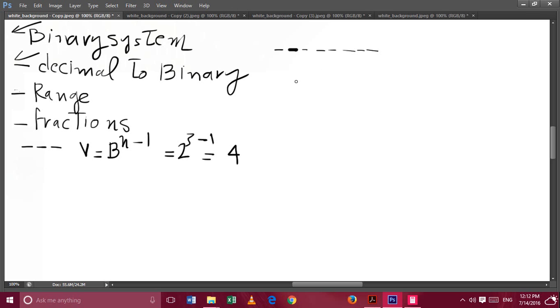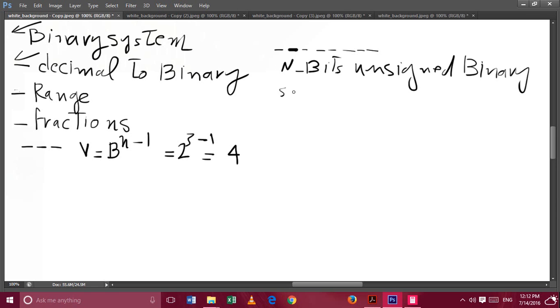Well, as a rule of thumb, if we are talking about unsigned binary notation, which is what we are explaining here, and in bits, unsigned binary system.